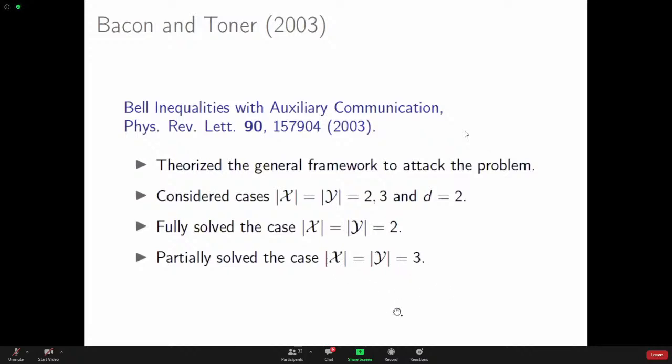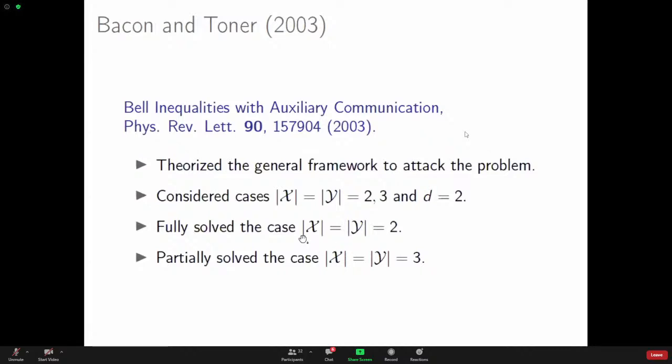One more point I want to mention about fully solving: if we remember the conjecture, can any 2-qubit state be simulated with less than 2 bits of communication?